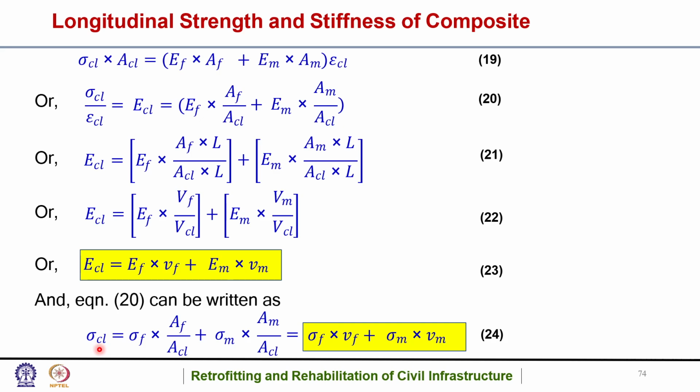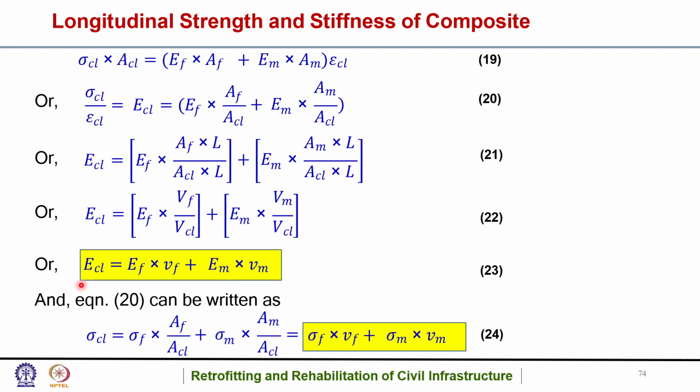Okay, so therefore sigma CL equal to sigma F into AF by ACL plus sigma M into AM by ACL, which is equal to sigma F into VF plus sigma M into VM. So we have converted this into volume fraction.